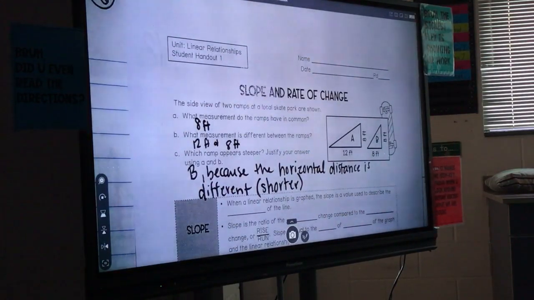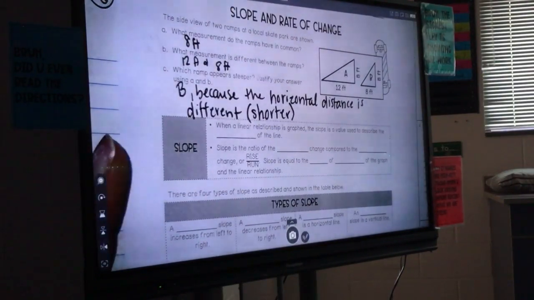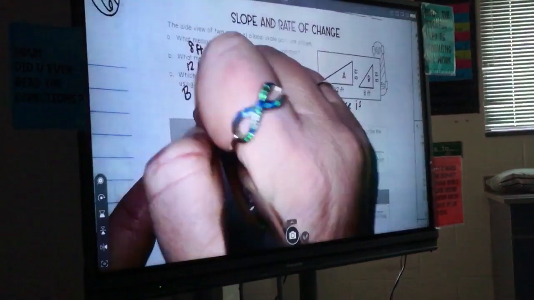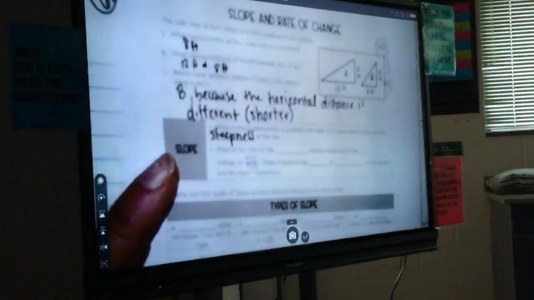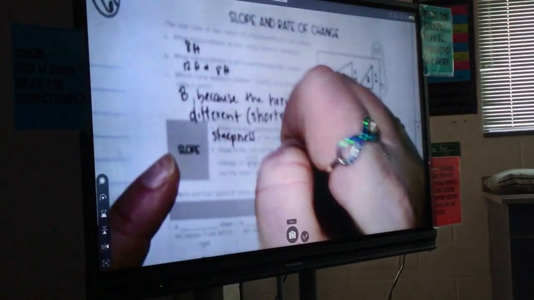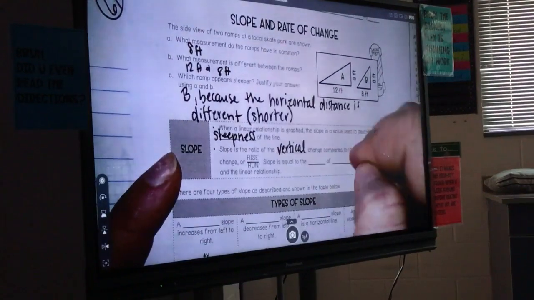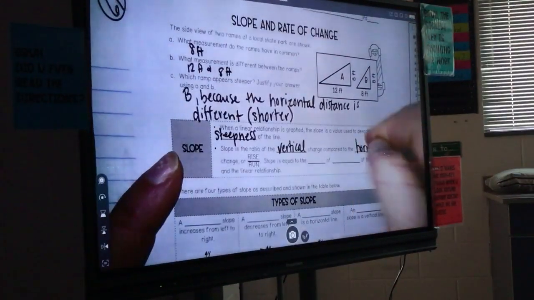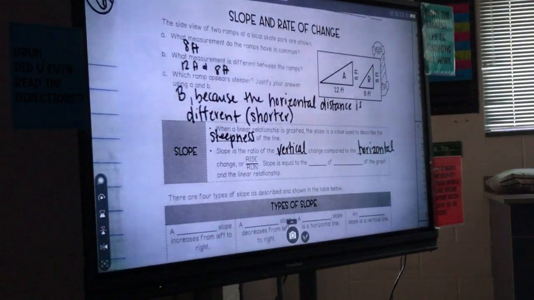All right. So, talking about slope. This is when a linear relationship is graphed. The slope is a value used to describe the steepness of a line. Slope is the ratio of the vertical change compared to the horizontal change, or your rise over your run.